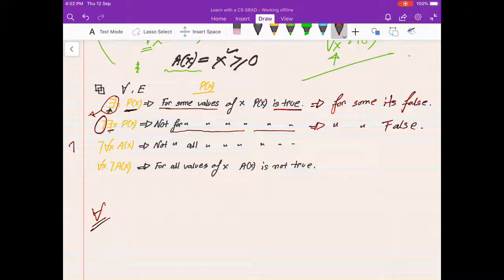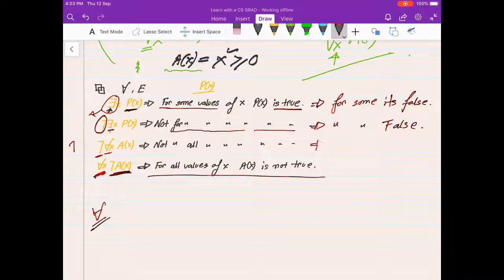Coming up to the next one is not for all values of x, A of x is true. So anything that you put into the function is never going to generate a true value. And this one is for all values of x, A of x is never true.